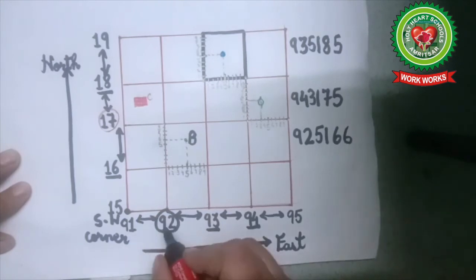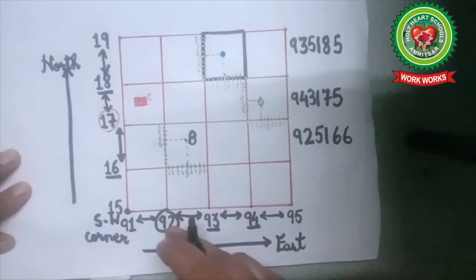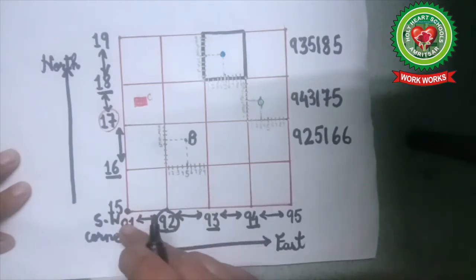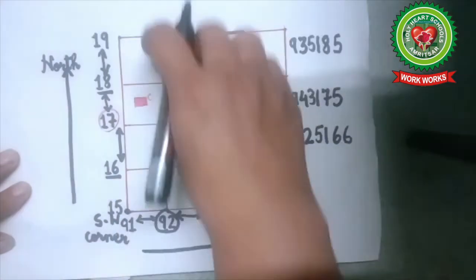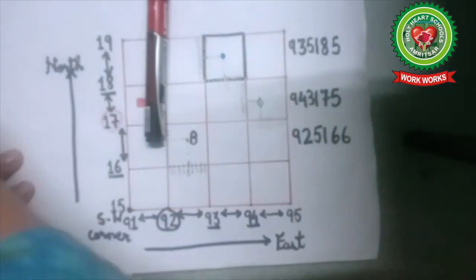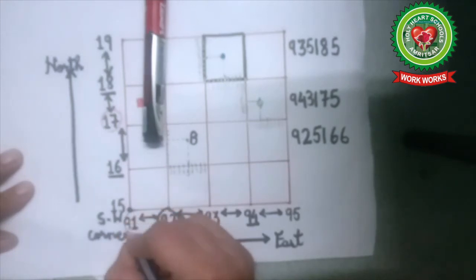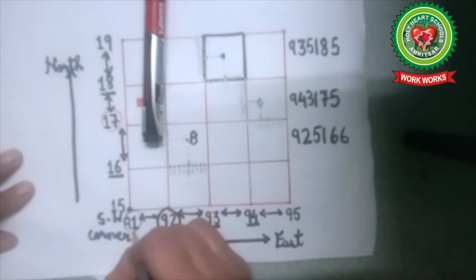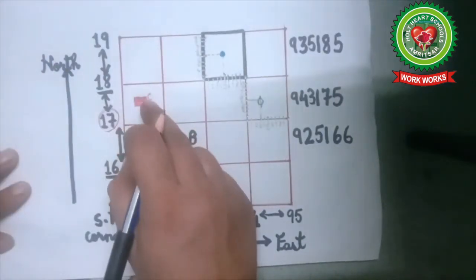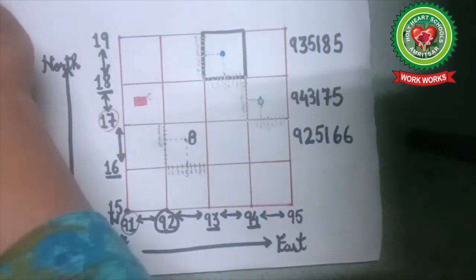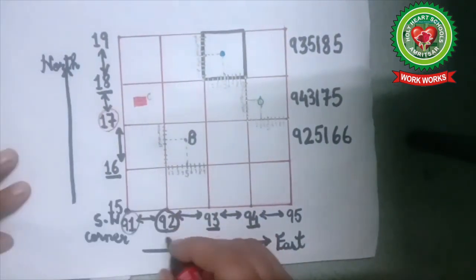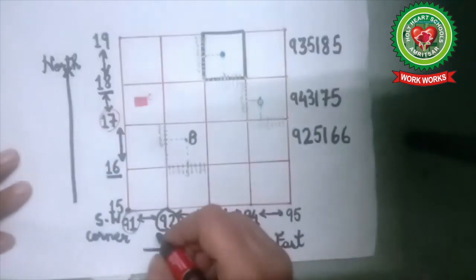Now among 91 and 92, which is the lower value towards the southwest corner? Obviously it is 91. So we will take 91 as the eastings of settlement C. So here first of all we will write down 91.